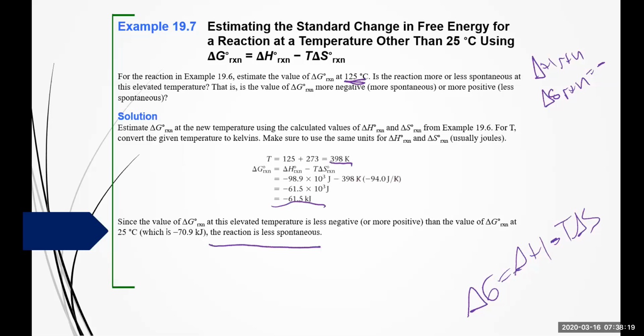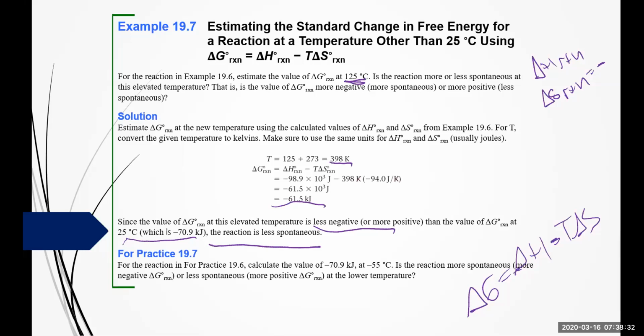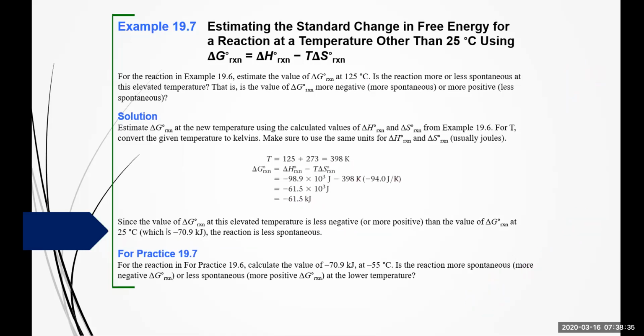It is less negative than it was at 25 degrees. So it's not quite as spontaneous as it was before. And so then what you can try to do is find out when it becomes not spontaneous any longer, or you can go back and adjust that value to be negative 70.9 at negative 55 degrees Celsius.